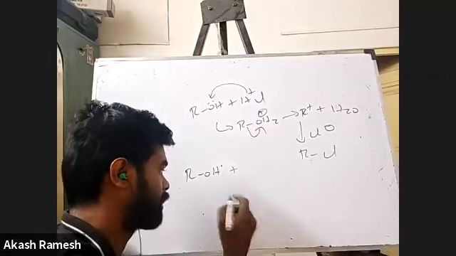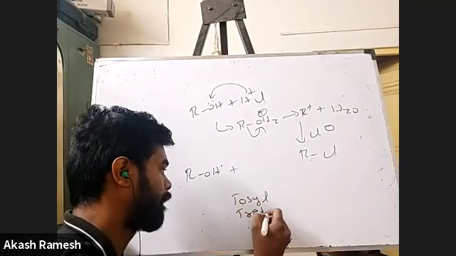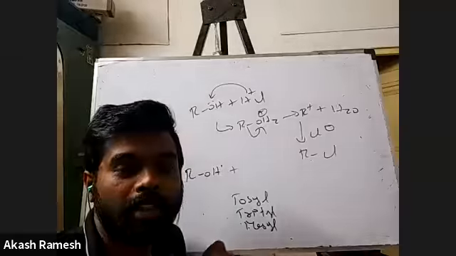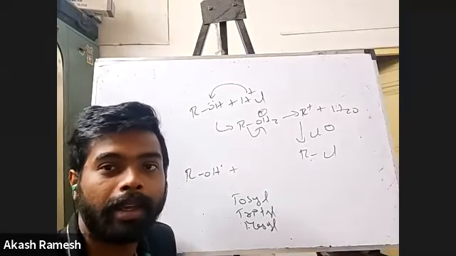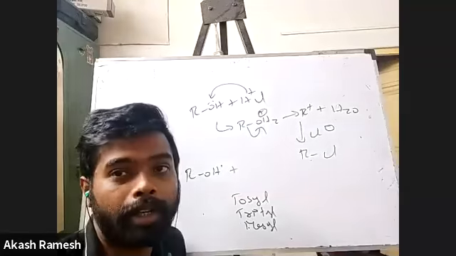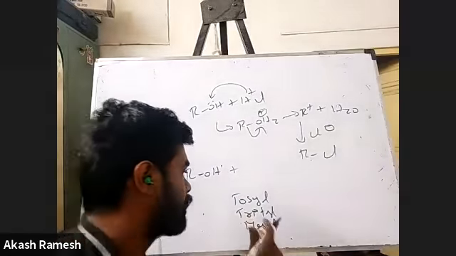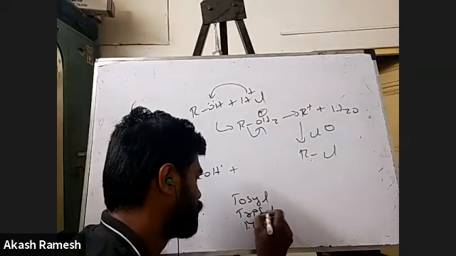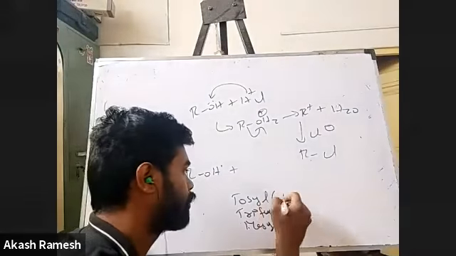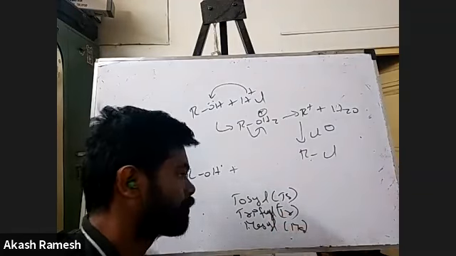I'll write it like this: tosyl, triflyl, mesyl. These kinds of groups are going to help me make your OH into a good leaving group. So what do you mean by tosyl, triflyl? Tosyl, triflyl, and mesyl groups. The short forms are Ts, Tf, and Ms.